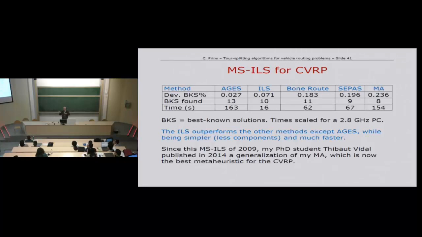Anyway, Thibaut Vidal has generalized this approach, but he still uses giant tours, and it's now the best. The current best metaheuristic for many classical vehicle routing problems is a metaheuristic based on giant tours.